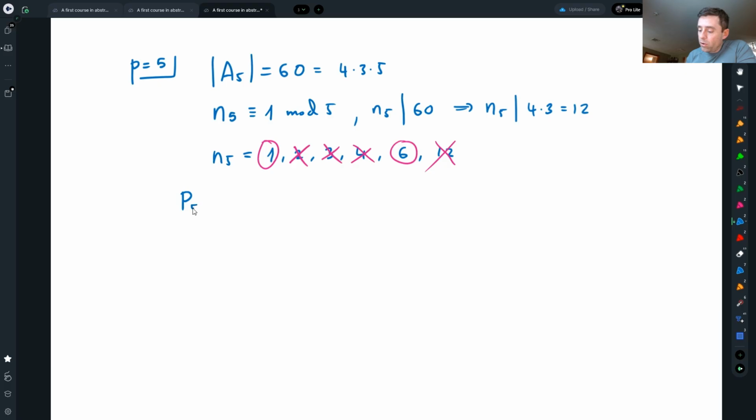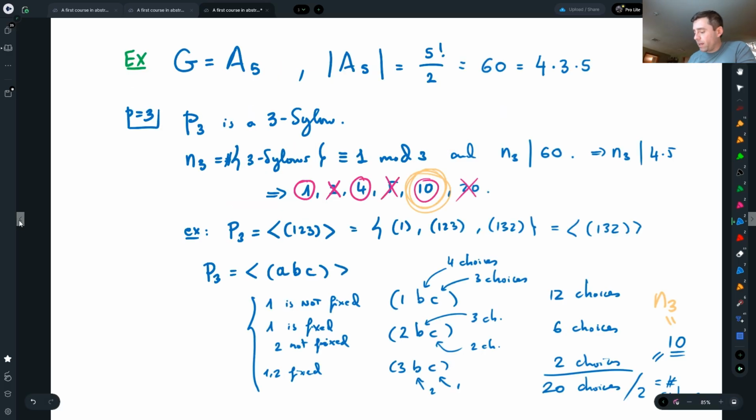So for example, here's the subgroup generated by (1 2 3 4 5). By the way, this element is in A5. I can write it as (1 5)(1 4)(1 3)(1 2), as a product of an even number of transpositions.